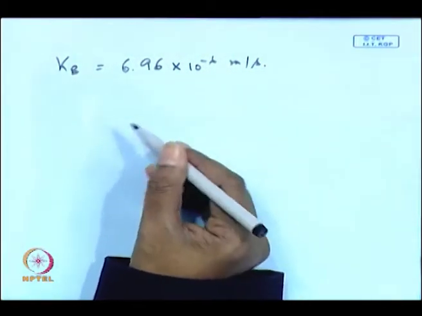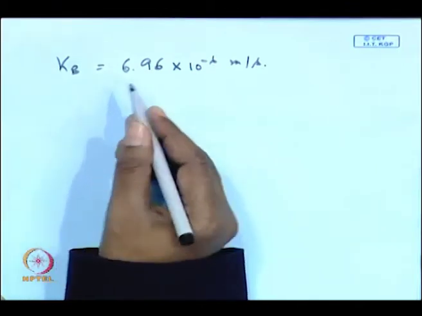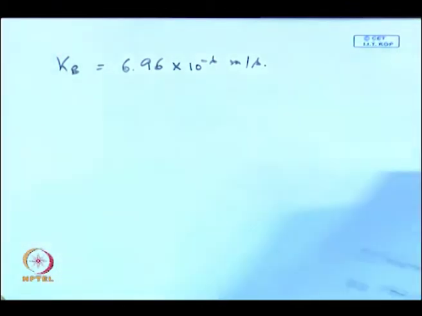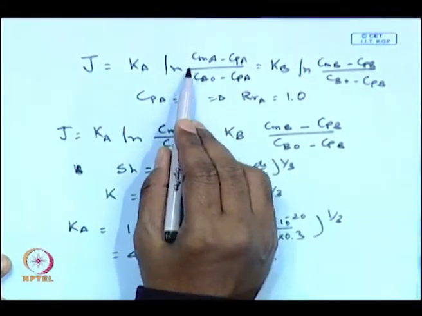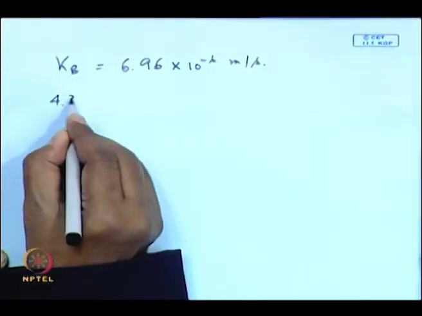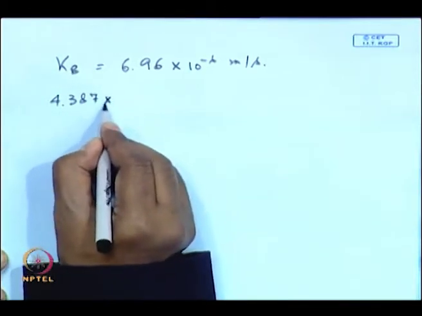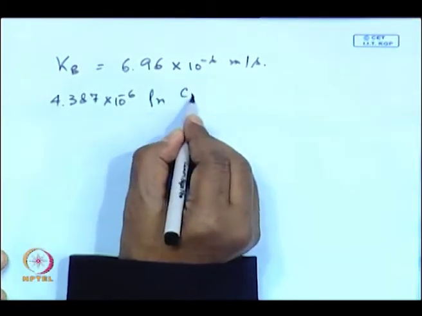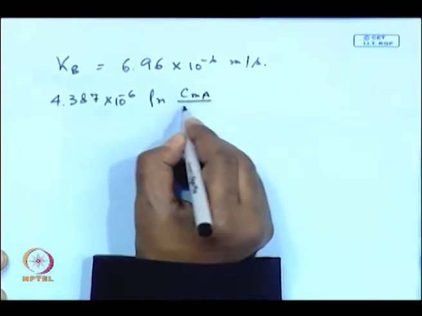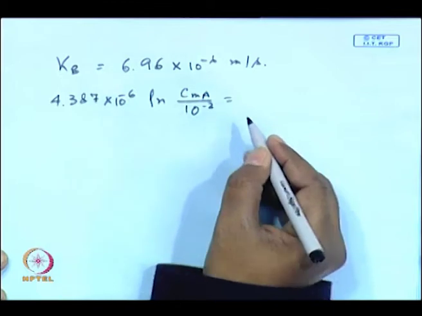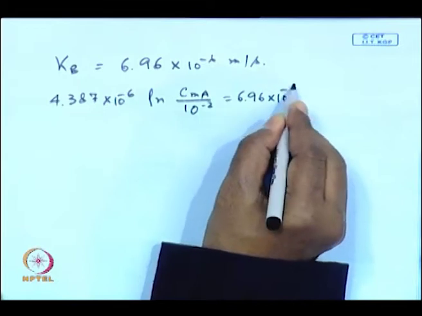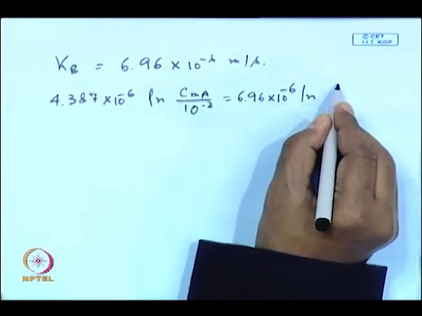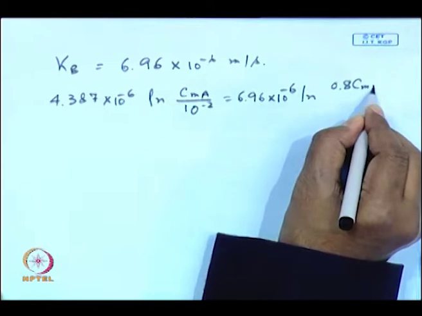Okay. So, now we put these values in the equation. So, you are getting an equation. We just equate this equation, this equal to this. If you do that, what you will be getting is 4.387 into 10 to the power minus 6 ln of C_MA divided by 10 to the power minus 2, that is the concentration of A in the feed, equal to 6.96 into 10 to the power minus 6 ln of 0.8 C_MB.